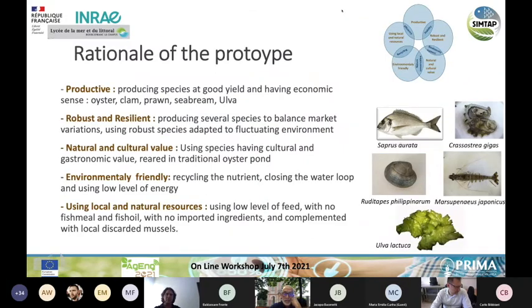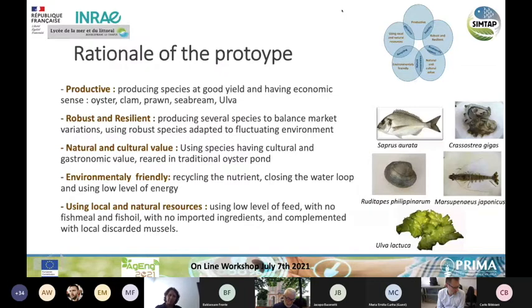Therefore, the prototype we propose is productive because we chose to produce species having good yields and having economic sense, such as oyster, clam, prawn, sea bream, and ulva. It should be robust and resilient, as we produce several species to balance market variations, and because we chose robust species adapted to a fluctuating environment.